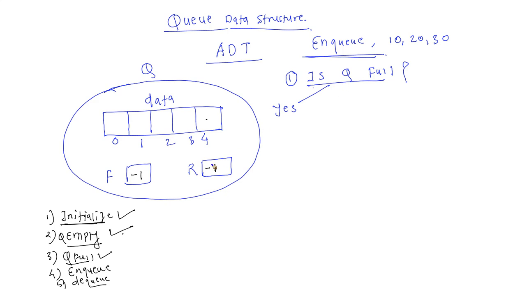If the queue is full, I'll simply look at the value of R. In order to check if the queue is full, I will look only at R, and if R is equal to the last location, that means I will conclude the queue is full. The last location in this case is 4, right? So I'll conclude the queue is full. If the queue is full, I'll say overflow.